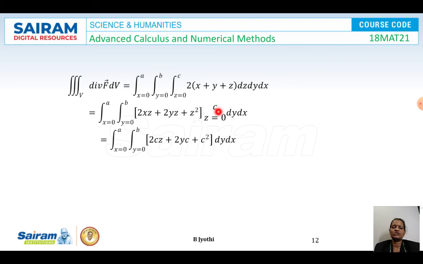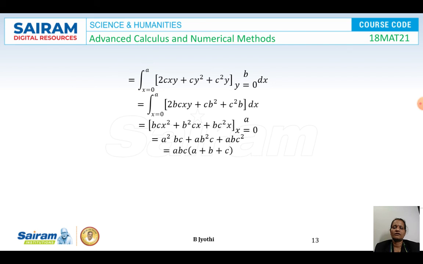Now let us substitute z as c. We get 2xc plus 2yc plus c square. When we integrate the same thing with respect to y, we get 2xcy plus cy square plus c squared y, where y is from 0 to b. With respect to x, we have to integrate next.